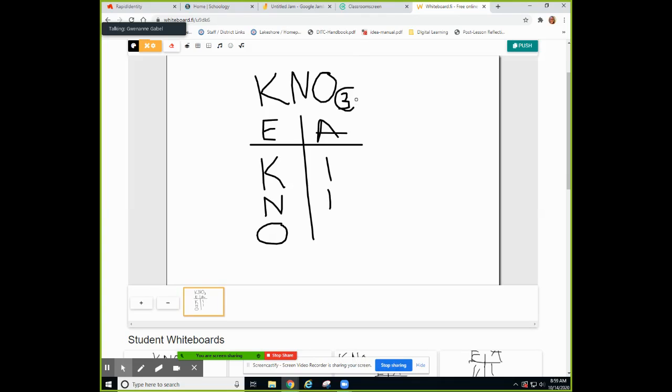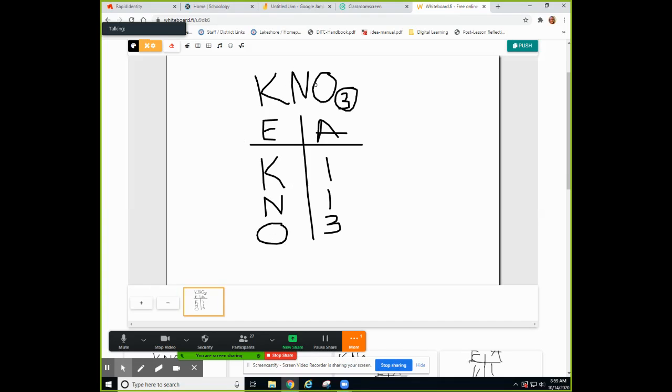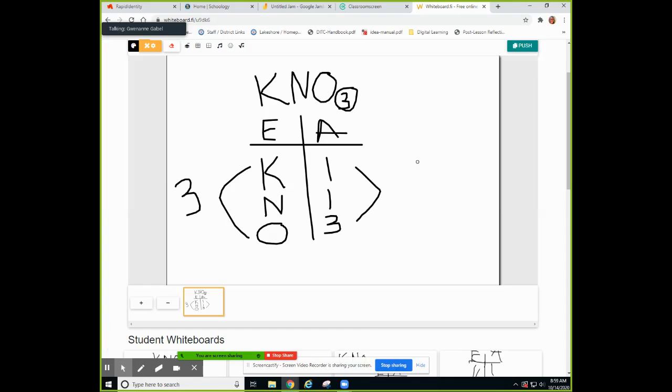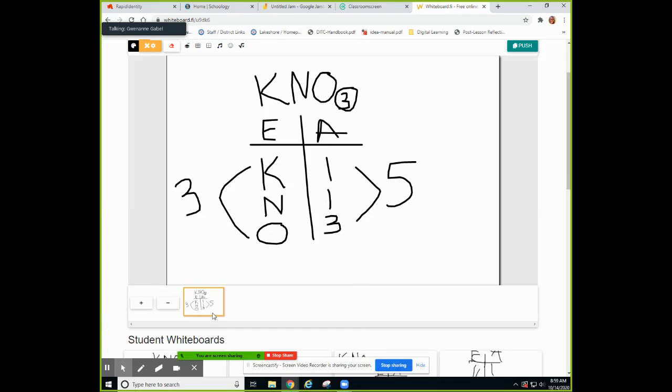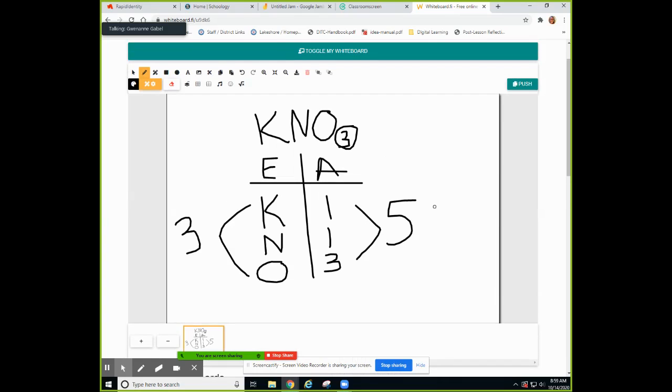Oxygen does have a subscript, so that tells me that there are 3 total atoms of oxygen in this compound. So we have 3 different elements, but we have 5 total atoms. 3, 4, 5. 5 total atoms. Okay?